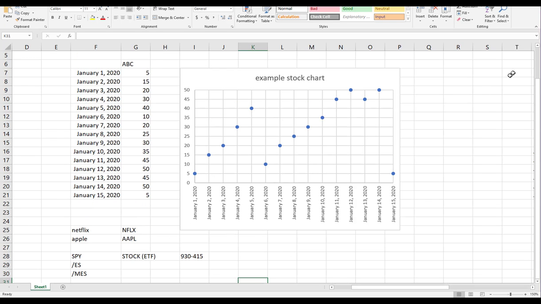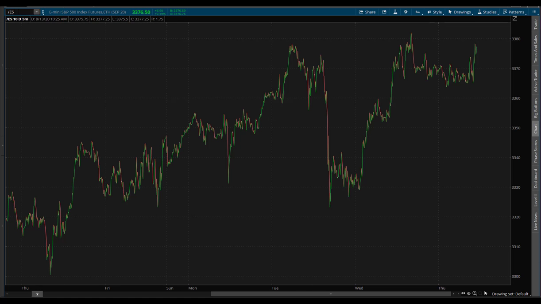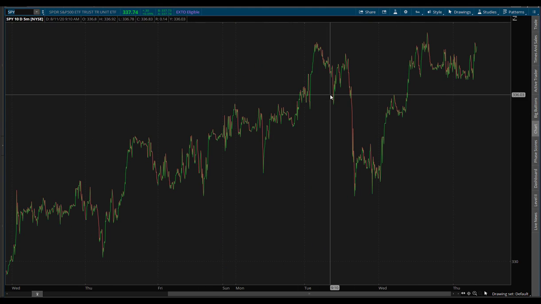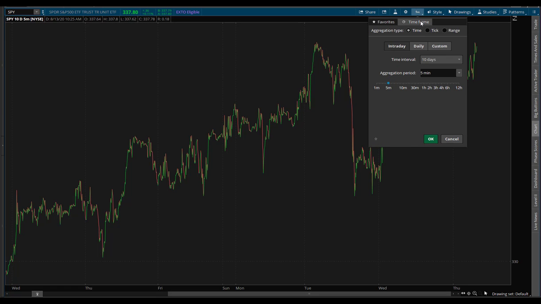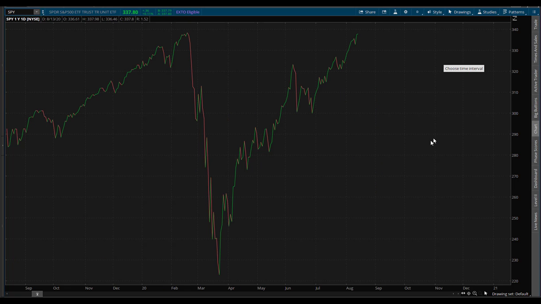So if you look at a stock chart, like if we went over here and we put in SPY, and you can say, okay, I want to see it every day for a year. So it's the same thing, right?